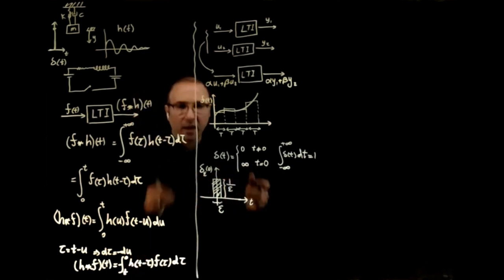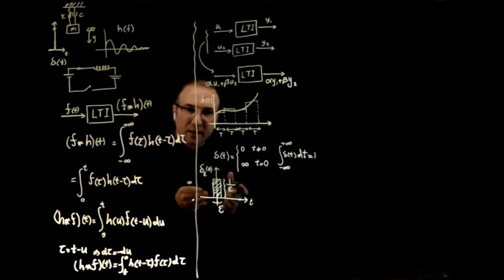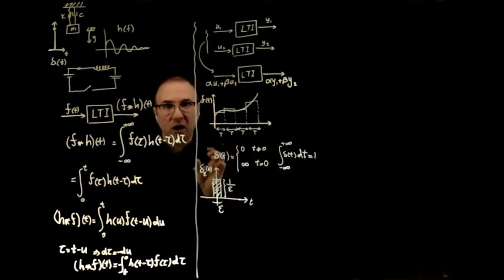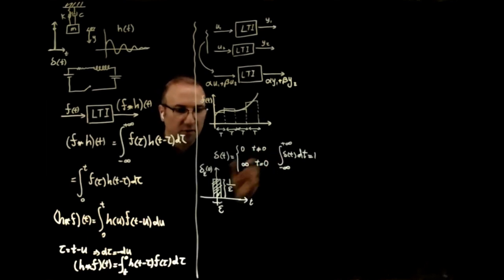This is not the only function that approaches that delta, and delta is a generalized function or distribution. In fact, the limit of these functions is not a function itself. It is a distribution, or a generalized function.